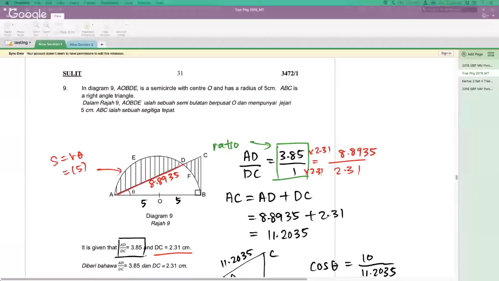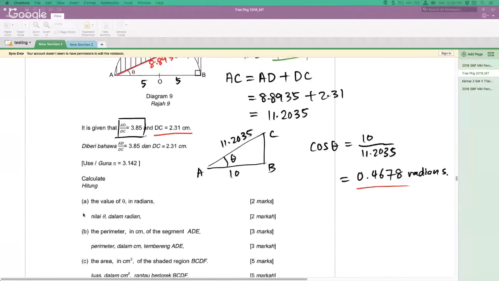It's just not so systematic here. Anyway, let's come back to this one.